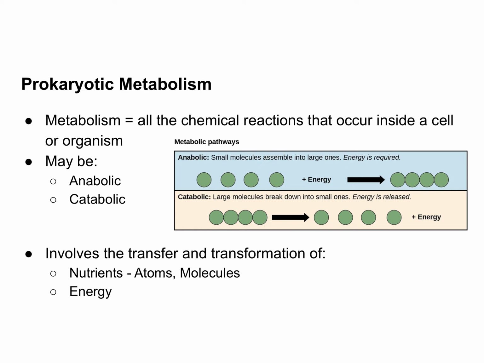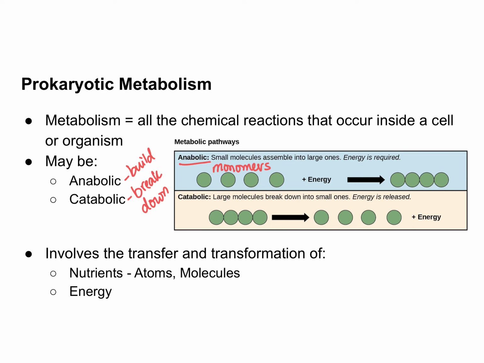Anabolic means to build something, and catabolic means to break down. So you can see in this picture here, anabolic, we see these smaller molecules, which oftentimes are monomers.